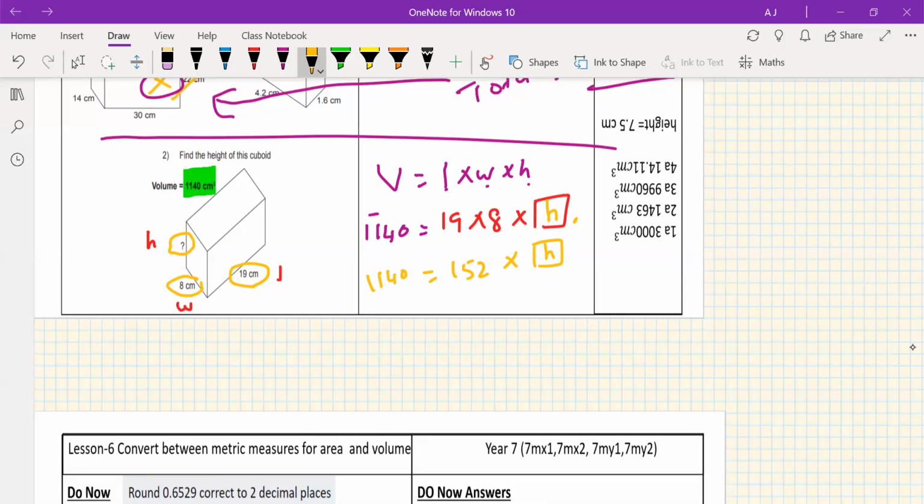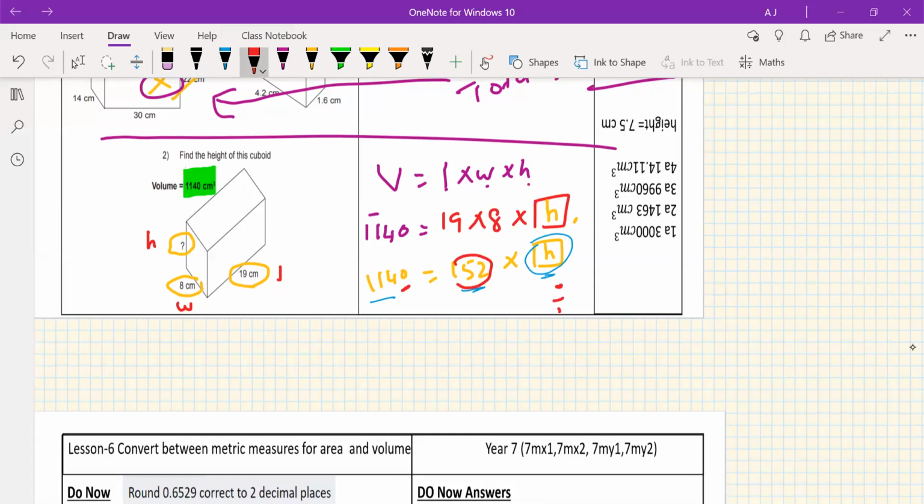Okay, I need to work out something times 152 that gives me 1,140. So how do I work out this something, which is called height in this case? So I need to do the inverse operation. So, okay, what does that even mean? I'm going to do the reverse operation. 152 times the height gives me 1,140. So 152 is timesing the height.